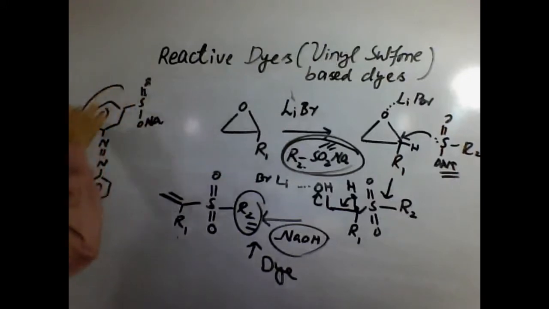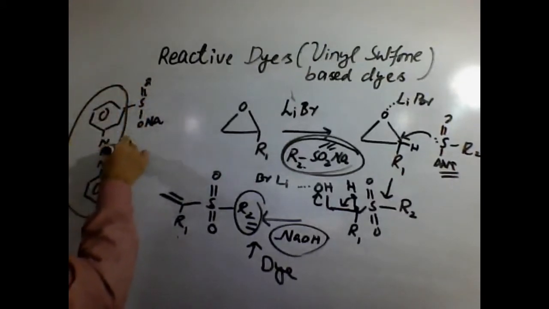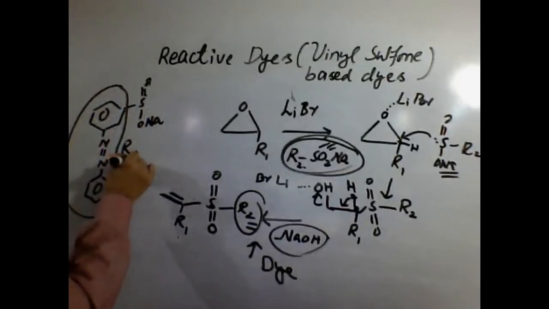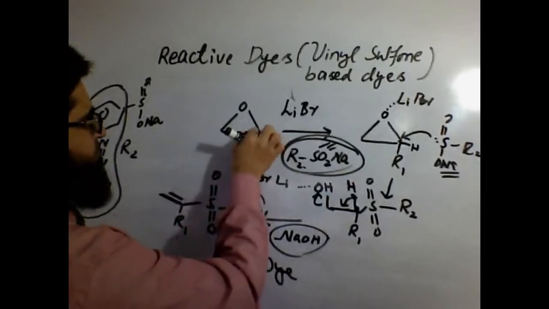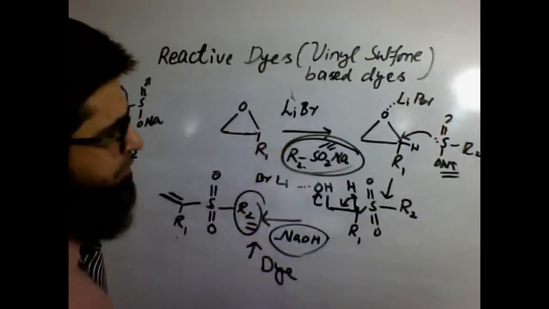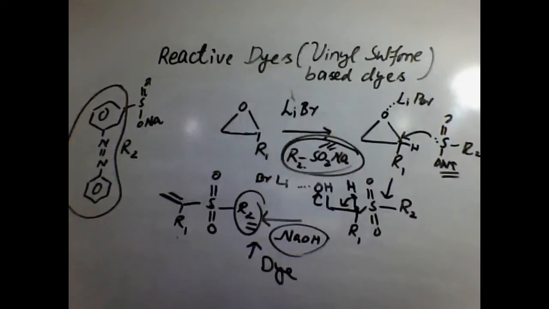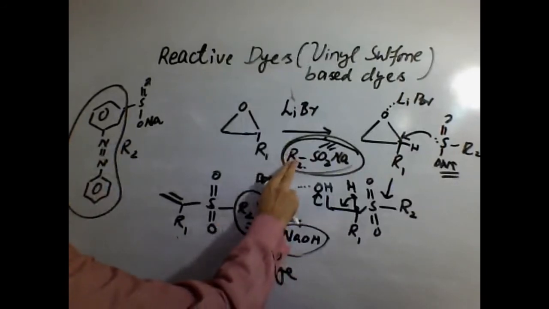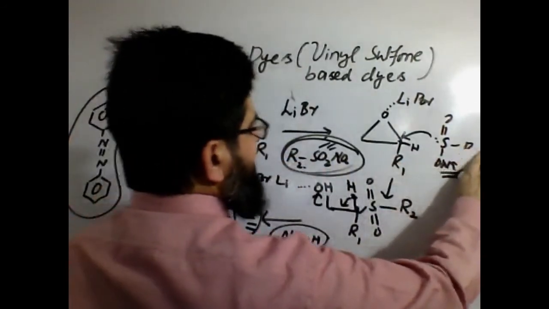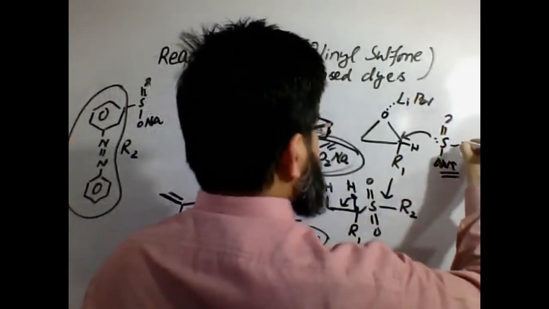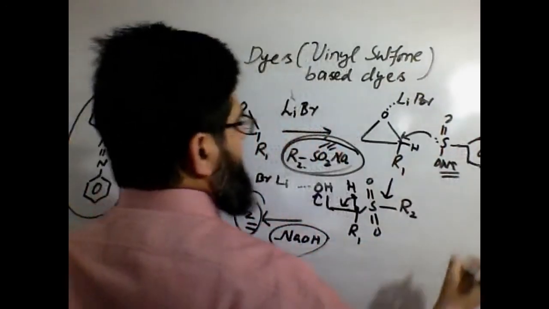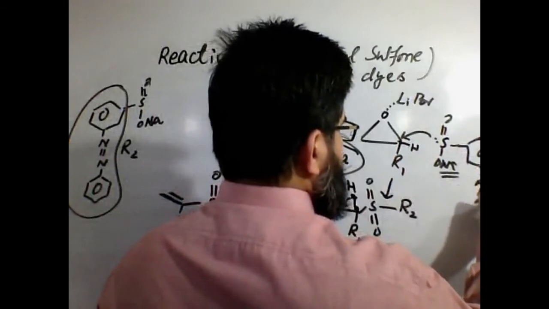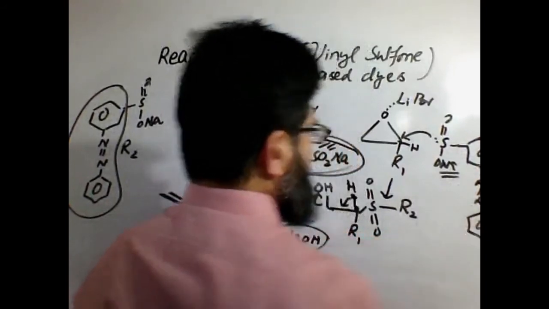If you just consider this one, and we mark it as R2, in fact, because R1 is from the ring, then this R2 could be connected over here. It will look like something like that. There will be nitrogen in the form of an azo.